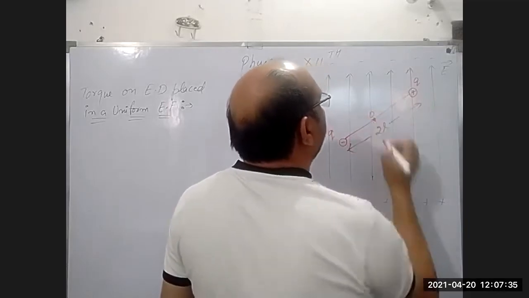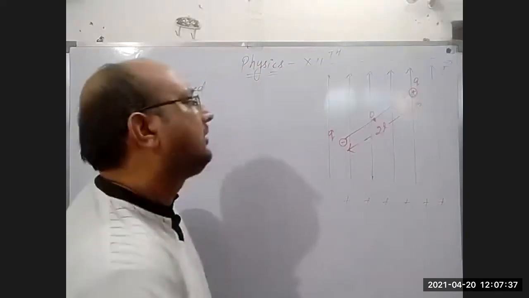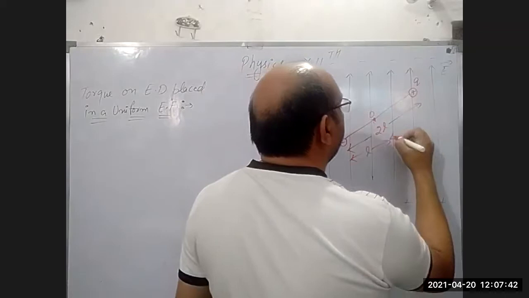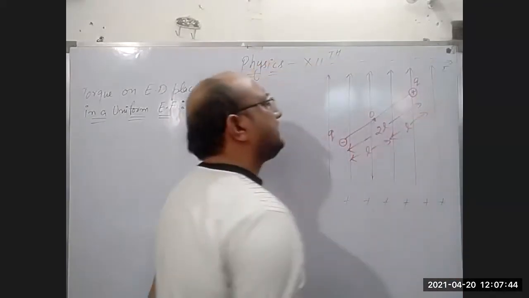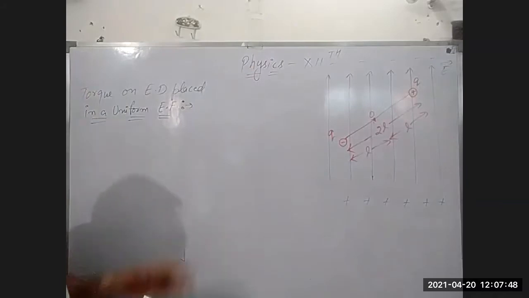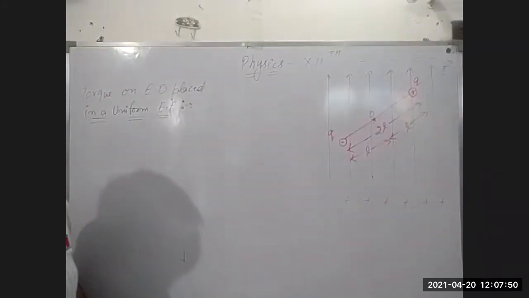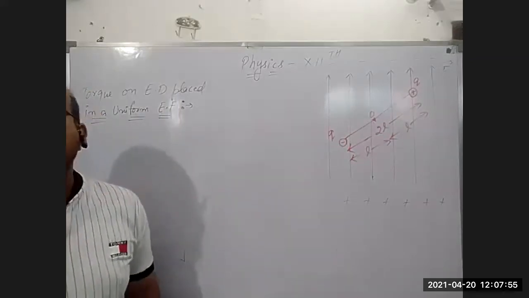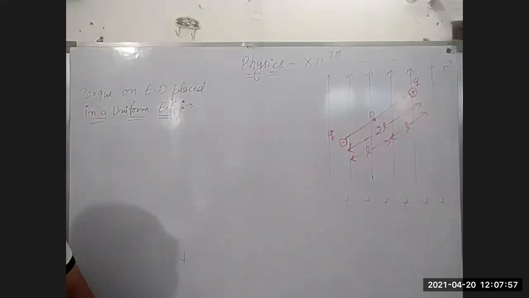You can take it as O. Then this 2L is divided into L and L. You know this thing very well. There are two charges and they are separated by a certain distance.